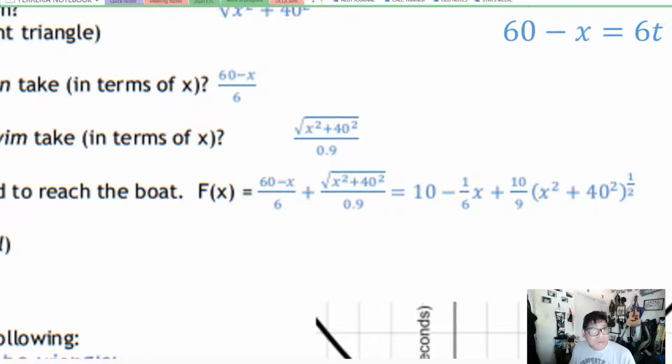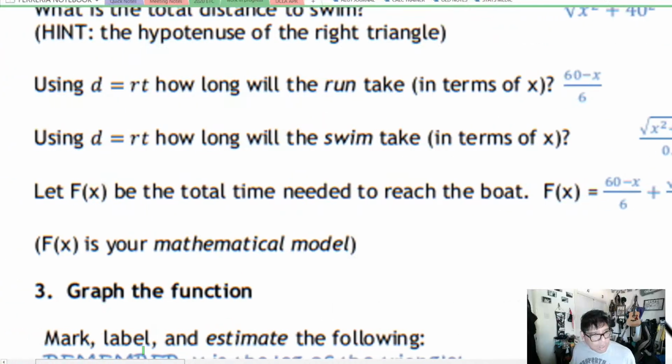You'll notice that over on this side, 10 over 9, where the heck does that come from? Well, if I divide by 9/10, that's the same thing as multiplying by 10 over 9. That's where that 10 over 9 comes from. Then, of course, we know we're going to take a derivative of this, so that's why we have the parentheses to the 1/2 power instead of the square root symbol.